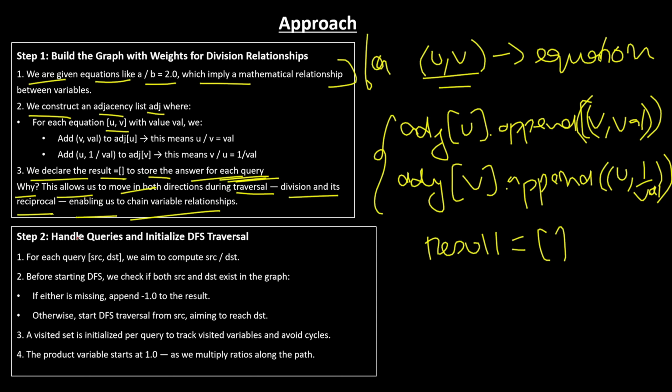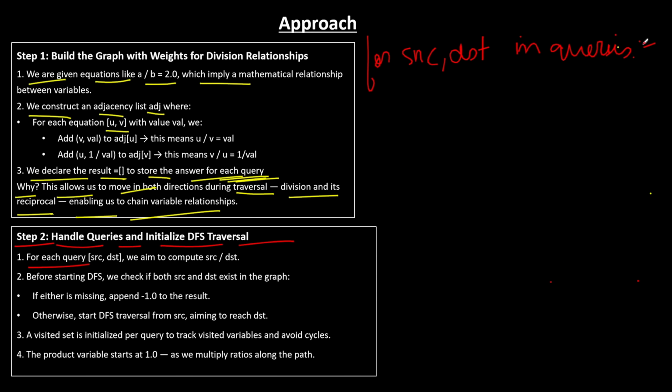Now handle queries and initialize the DFS traversal. Step 2: for each query, we will make a for loop which has source and destination, given in the queries list. So we will take source and destination from the queries.